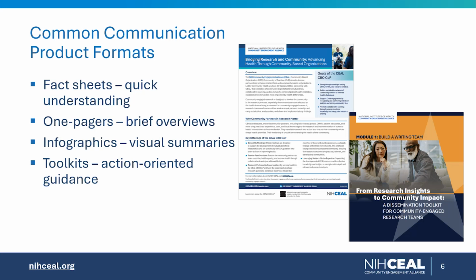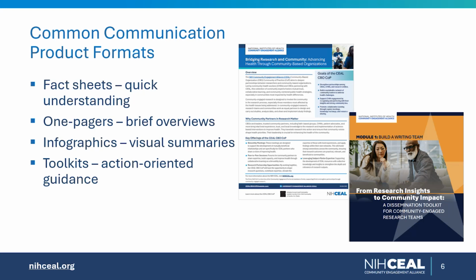Infographics are slightly different. They explain information visually using charts, graphs, and visual representations of information. Toolkits are a collection of resources to help people take action and apply guidance in real-world settings.